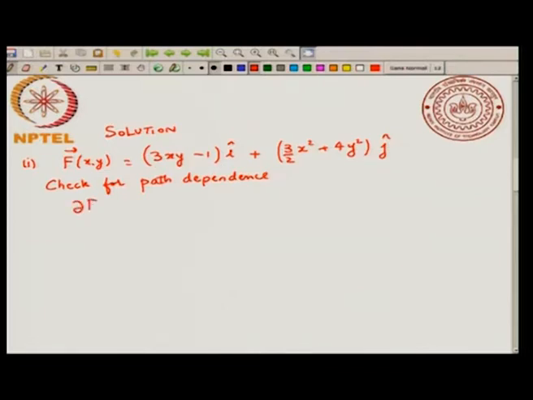So, dou Fx by dou y: the x component of the force is 3xy minus 1, so the derivative with respect to y will just be 3x. Then you do the derivative of the y component of the force with respect to x, and again you get a derivative of 3x. Since both these are equal, you conclude that this is path independent.